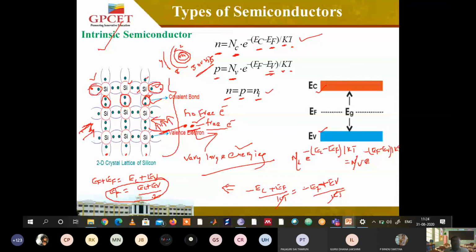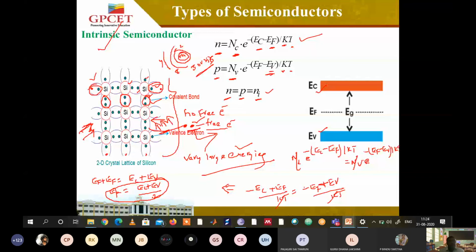So this is called the Fermi energy level for intrinsic semiconductors. We have proved that the Fermi energy level for intrinsic semiconductors lies at the center of the conduction band and valence band energies, with the formula Ef is equal to Ec plus Ev divided by 2. Very, very important derivation. Please note this point, all of you.